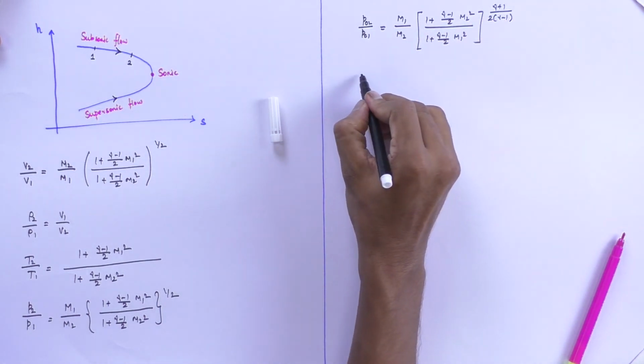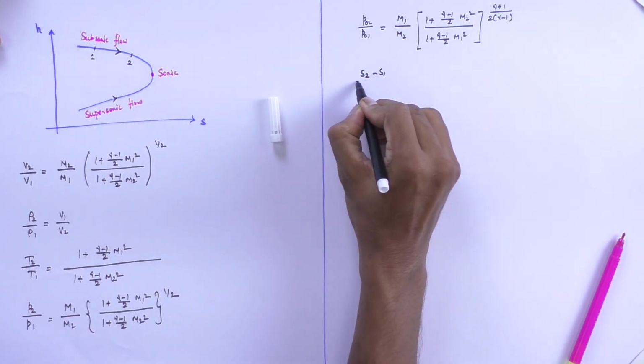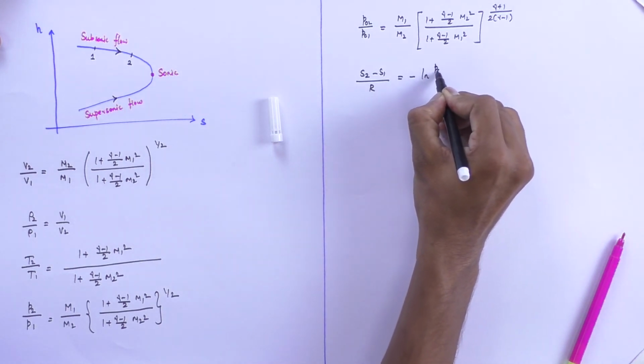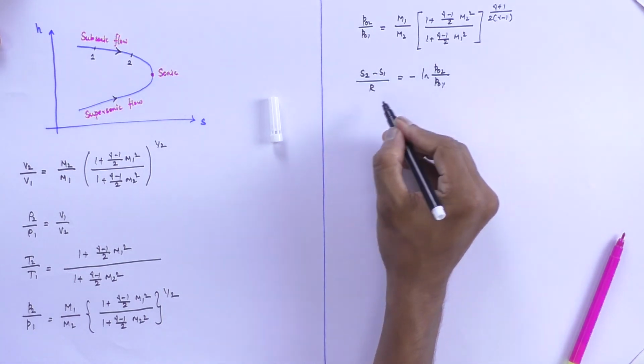Then we can represent the entropy variation S2 minus S1 divided by R as equal to minus ln P02 divided by P01, since the flow is an adiabatic flow.